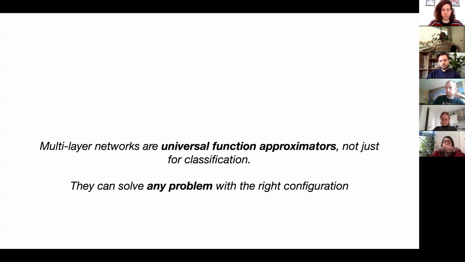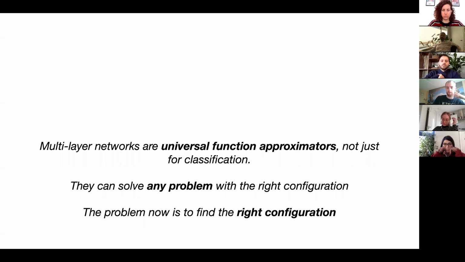Right? They are universal function approximators. But you can imagine that if I have a complex problem, I will need an equally or more complex neural network to solve the problem, right? And that really shifts our problems to now having to find the right configuration.